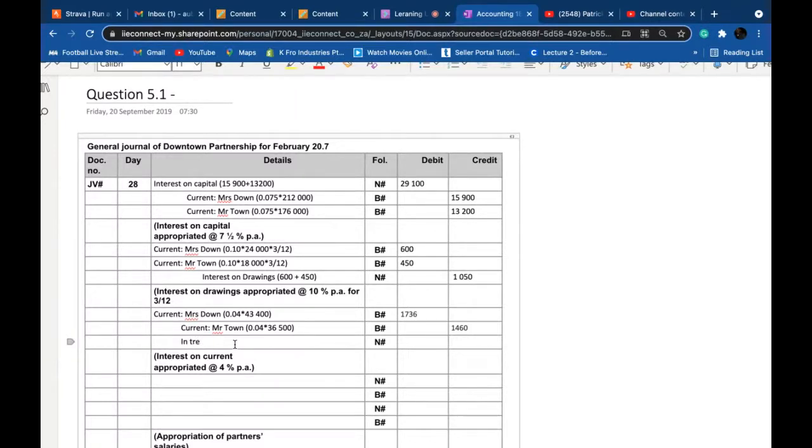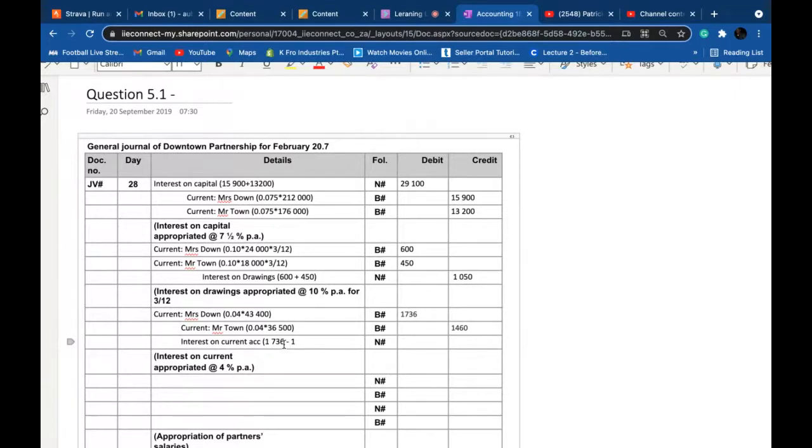But again, you'll see what I was just saying now. I'll re-explain it. Here we're saying the money we're receiving is 1,736. That's the amount that we're penalizing Mrs. Town by. Okay.